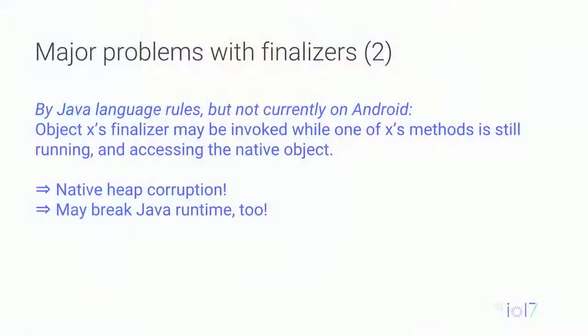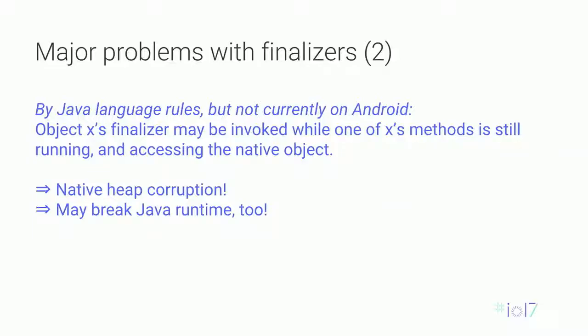There's a second problem with finalizers, which actually turns out to be more complicated to work around. It's less important on Android, but is generally important when writing Java language code. So by Java language rules, and this is not currently true on Android, not currently believed to be true on Android, object X's finalizer may actually be invoked while one of X's methods is still running.